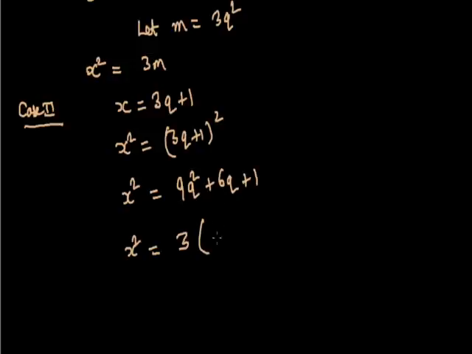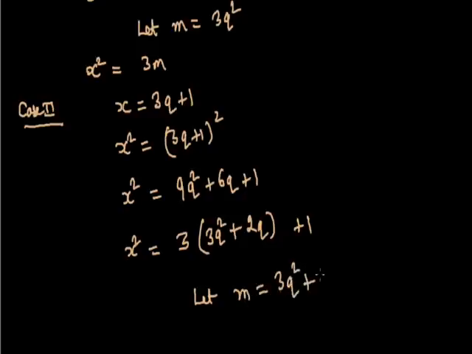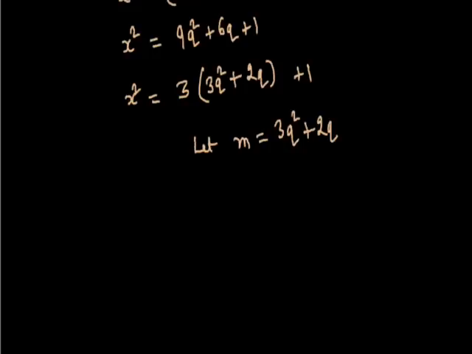Take common 3 from the first two elements. So this will become 3 multiplied by 3q square plus 2q, plus 1. So let m equal to 3q square plus 2q. So x square equal to 3m plus 1.